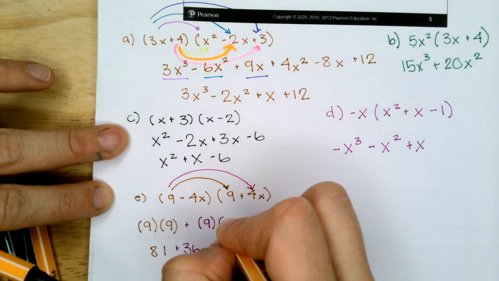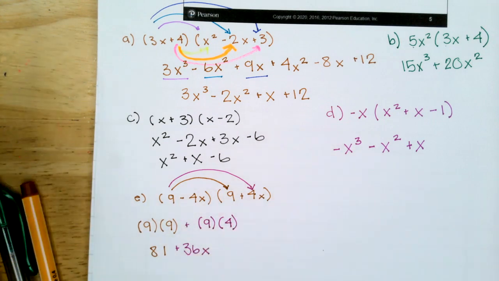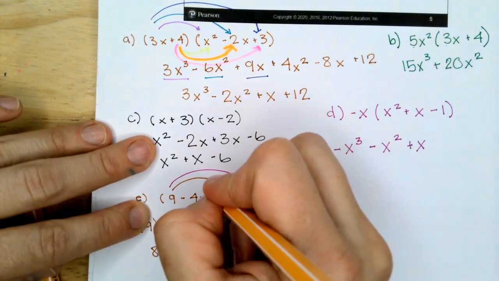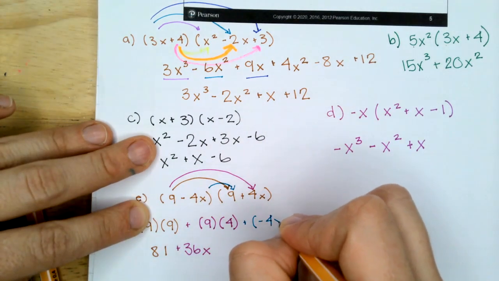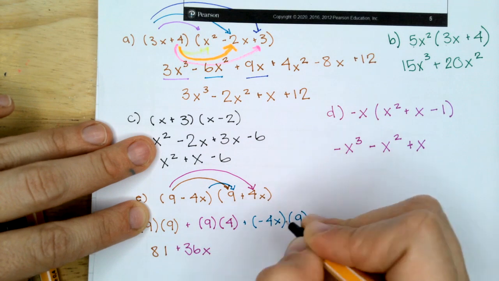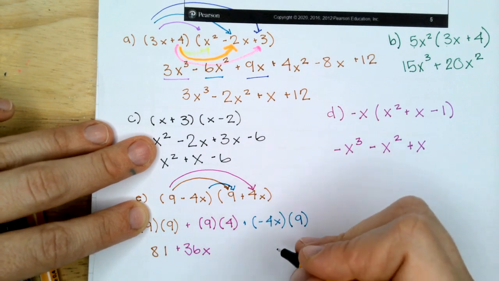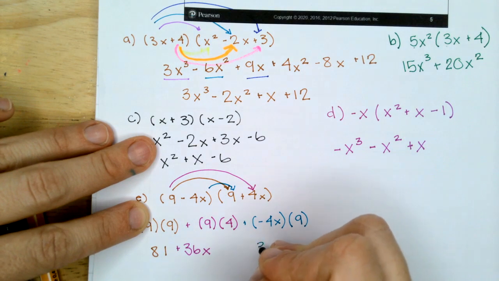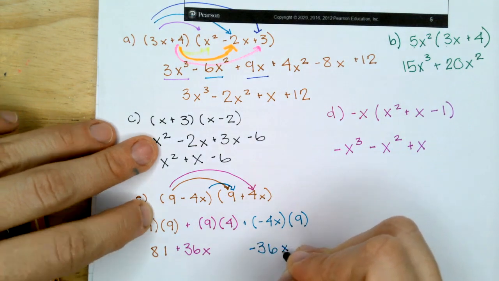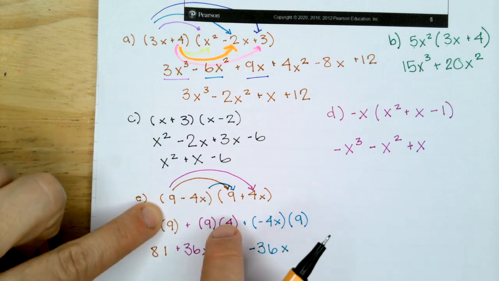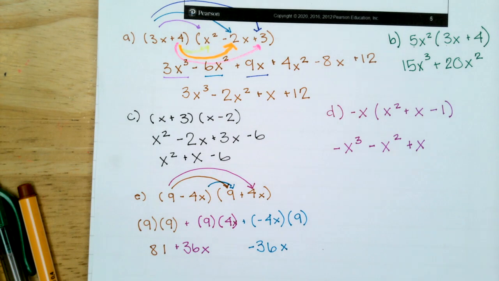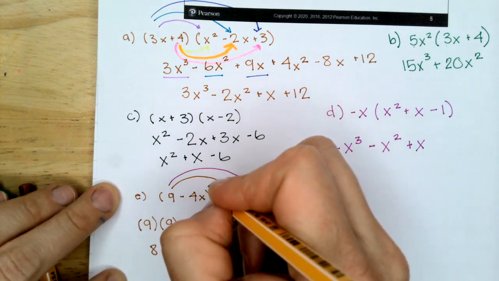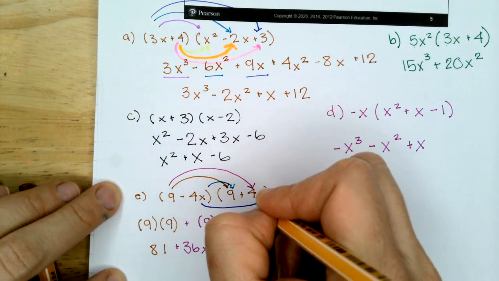Your next term is your inside terms. Negative 4x times 9. Negative 4 times 9 is again 36, but it's a negative 36. I did not include the x there. Last, I'll move it down here.